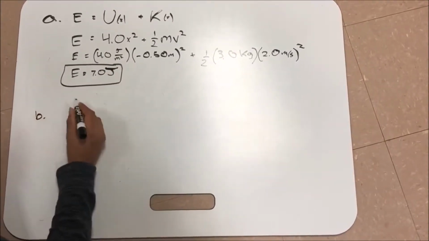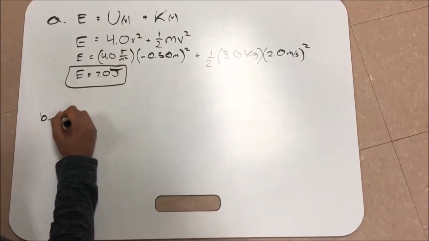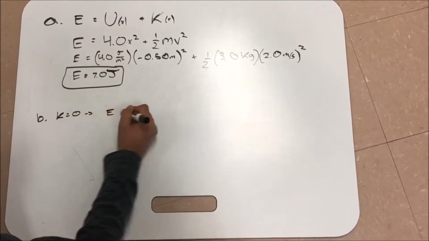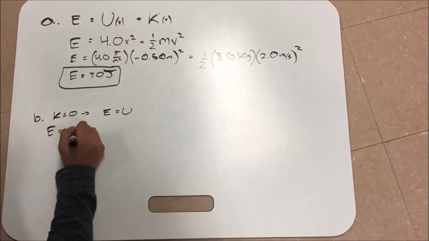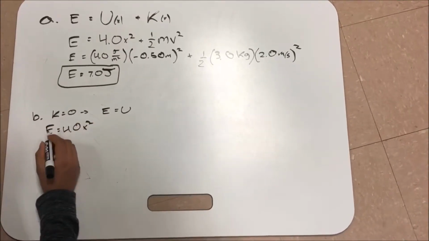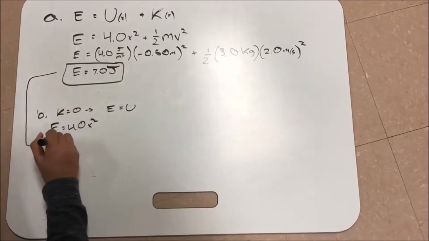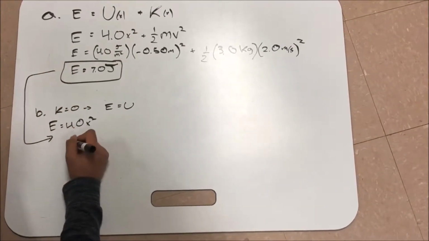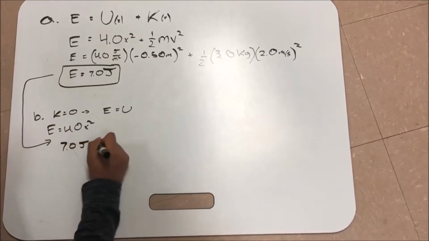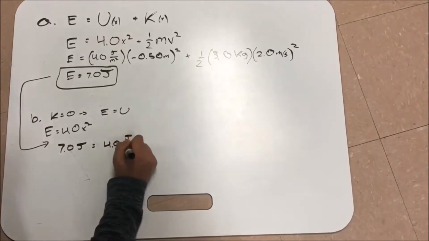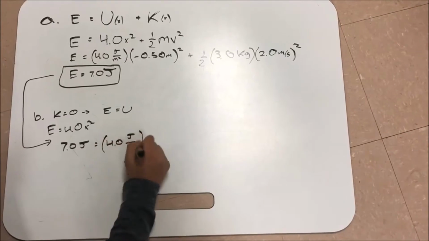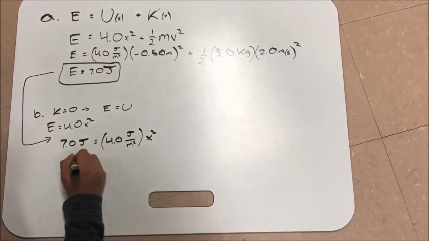So we want to find the location at which kinetic energy is equal to 0. Since energy is conserved throughout, the total energy must sum up to 7.0 joules. Since kinetic energy is 0, all the energy must be potential energy. Thus, the total mechanical energy, 7.0 joules, must equal the potential energy.